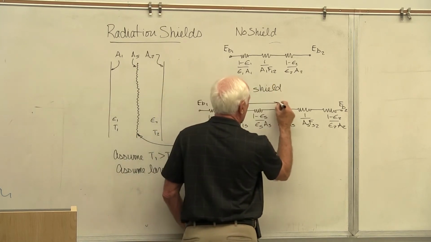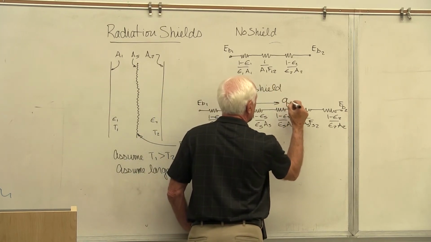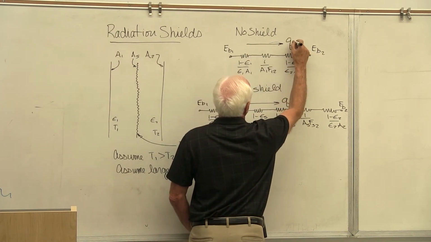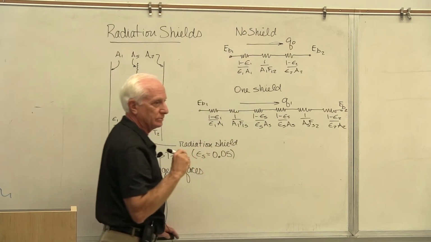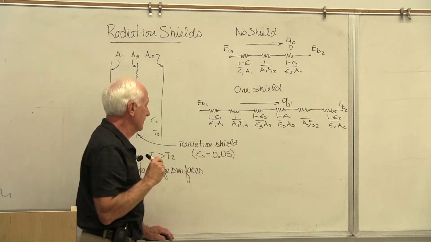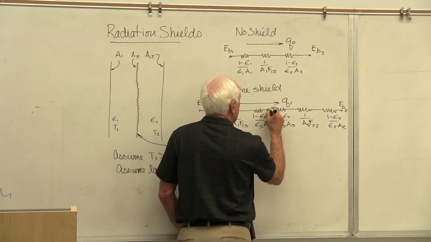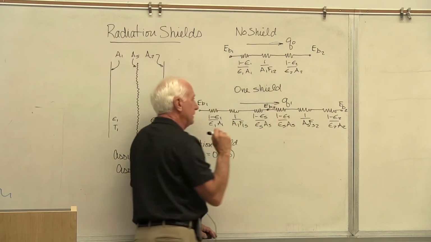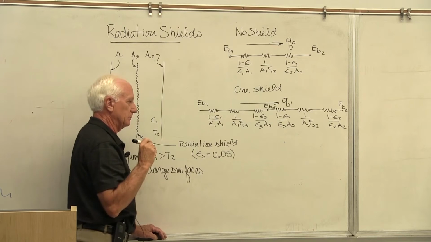This is the heat flow Q with one shield. This is the heat flow Q with no shields. This middle node is EB shield.